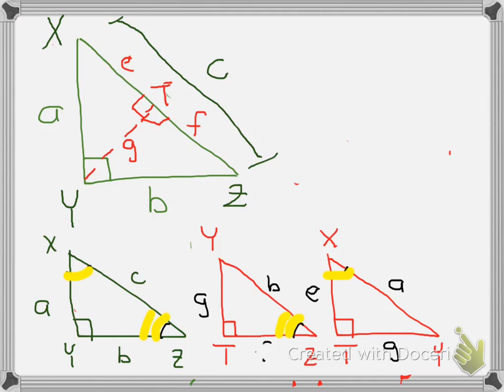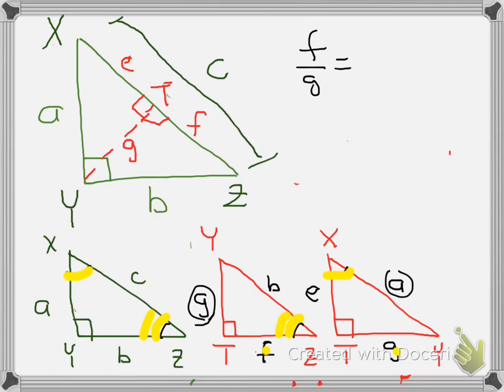F over G is equal to G over its corresponding part, which would be A. Oops, that's an error.